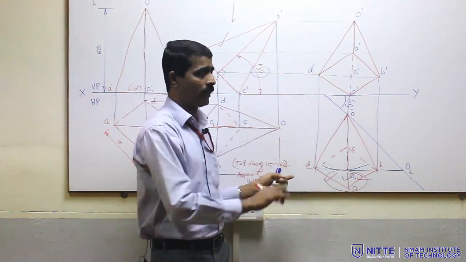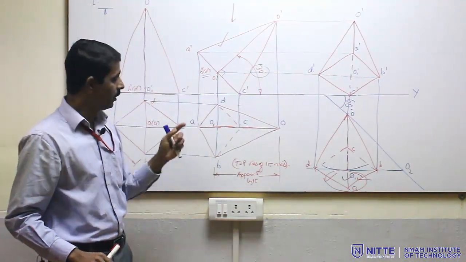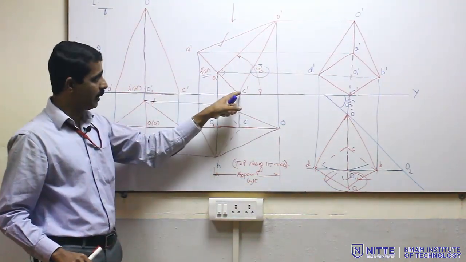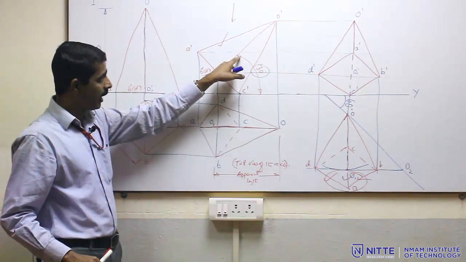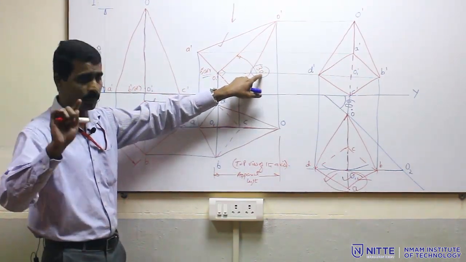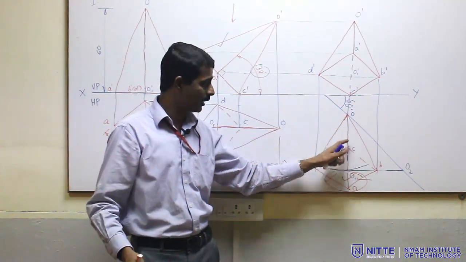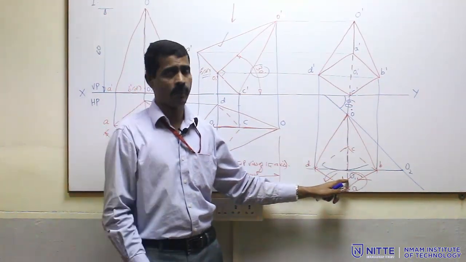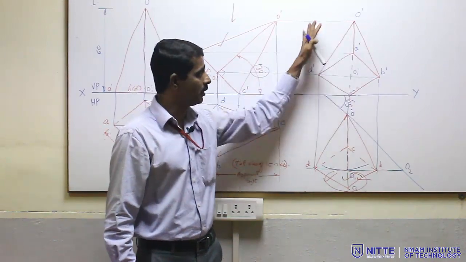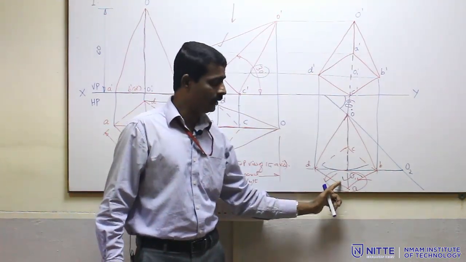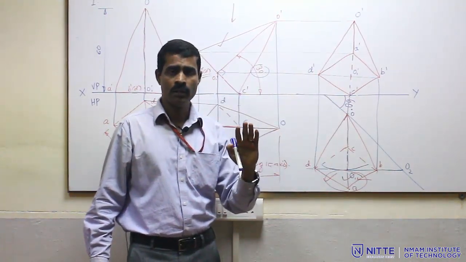So this is the complete projection of a square pyramid when it is resting on SP with a base corner and the axis is inclined 30 degree to SP and 60 degree to VP. The axis is inclined, but the apparent axis is 90 degree to VP, and in that situation this is the front view when the base is nearer to the observer.